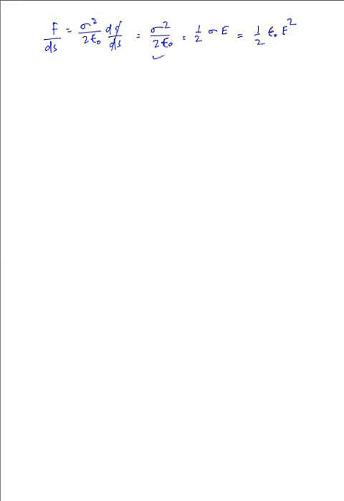In this term we'll get epsilon naught squared. Sigma squared over epsilon naught squared is E squared, and an epsilon naught multiplied in the numerator. So half of epsilon naught times E squared.